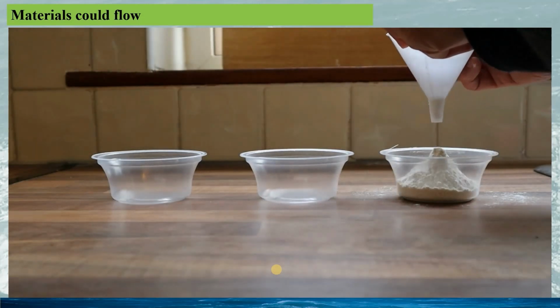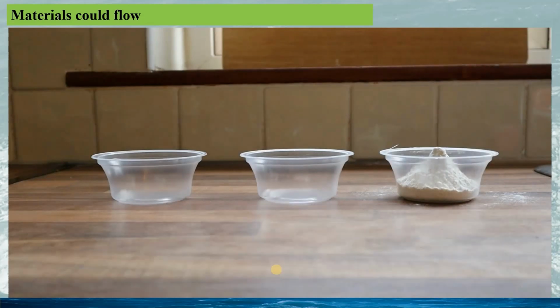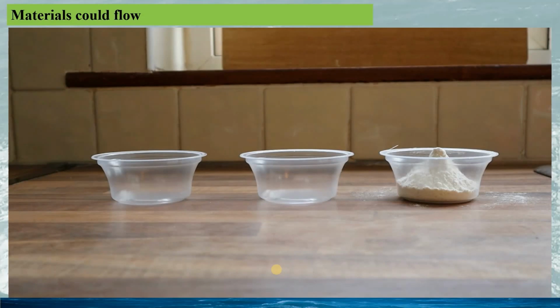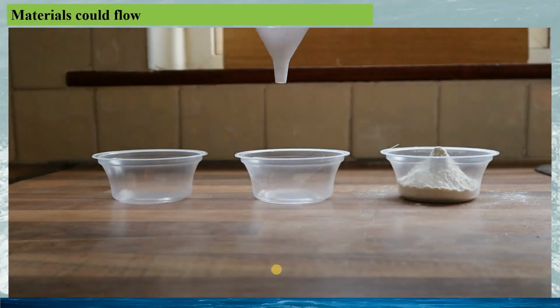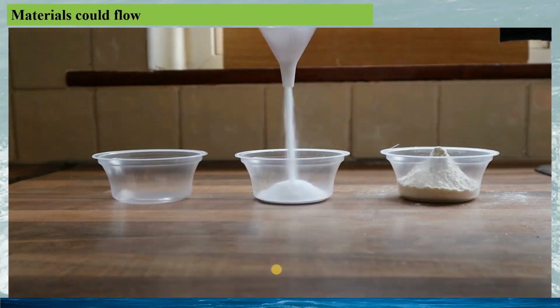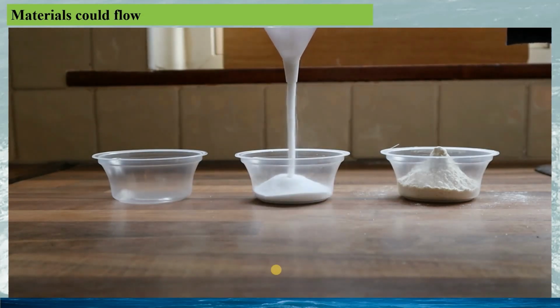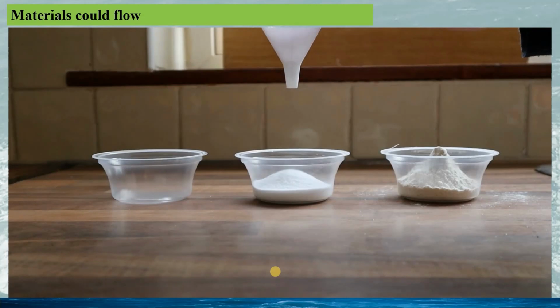We have to shake the funnel to make the flour flow. The second experiment is the flow of the salt, and we can see the salt flow through the funnel is very smooth and fast.